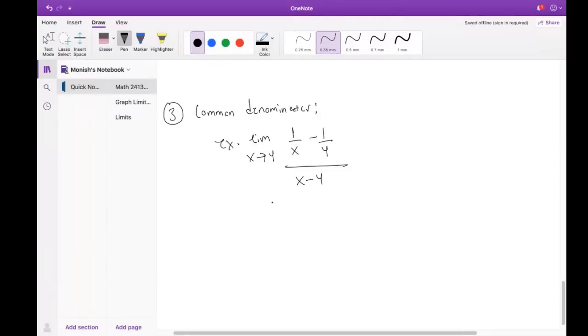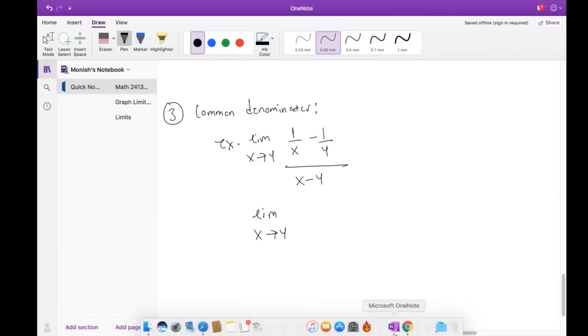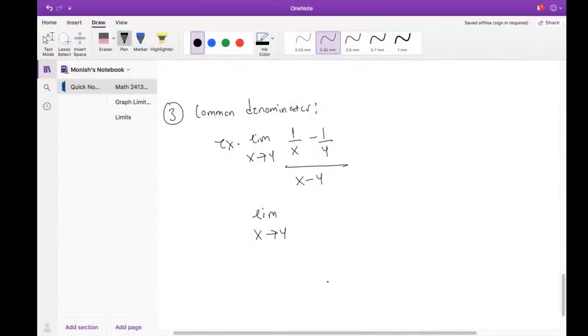So we have to clean this up a little bit and simplify your expression. And the way to do that is to get a common denominator. So in this case, what would be our common denominator to simplify the expression in the numerator? Yeah, so it would be 4x.